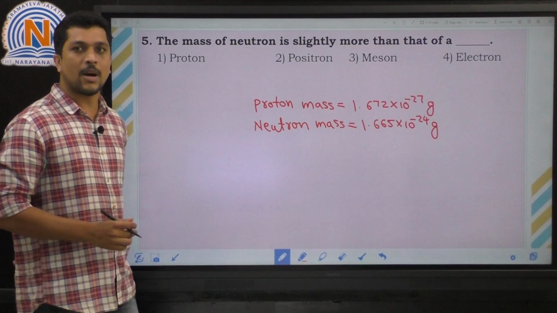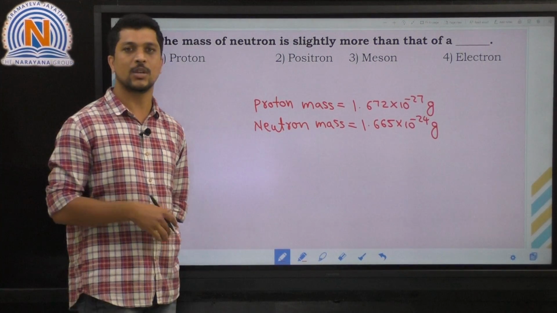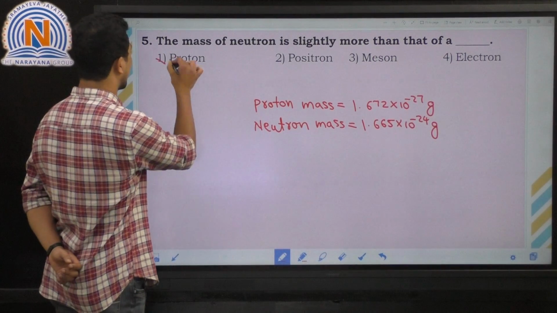So the mass of neutron is slightly more than that of proton. So the correct option is first option.